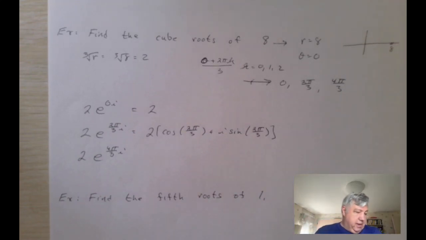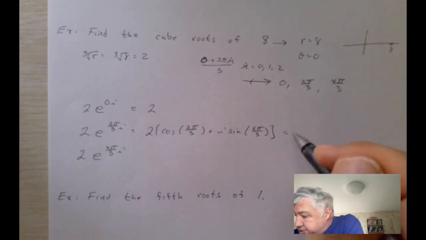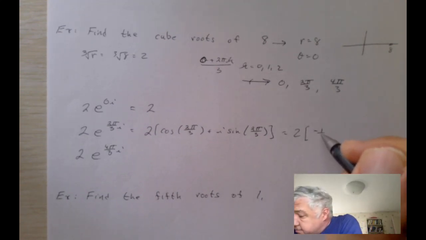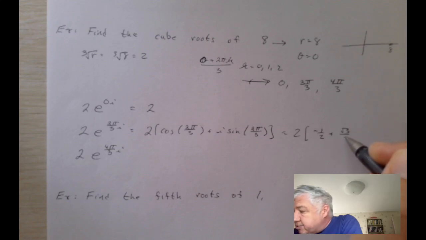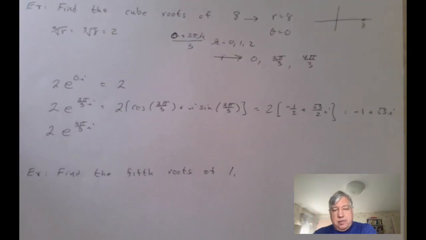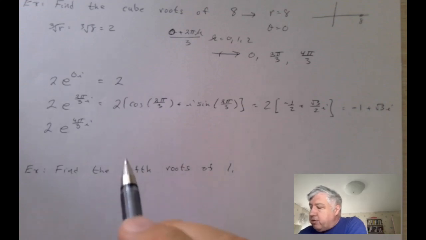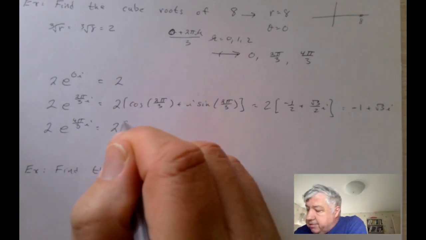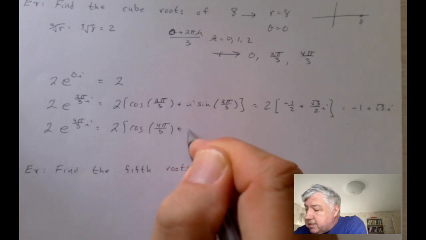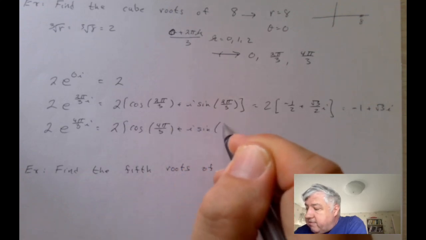Okay. And this is actually going to be 2 times negative 1/2 plus the square root of 3 over 2 i, which is just negative 1 plus the square root of 3 times i. And then in a similar calculation, we get 2 times the cosine of 4 pi over 3 plus i times the sine of 4 pi over 3.